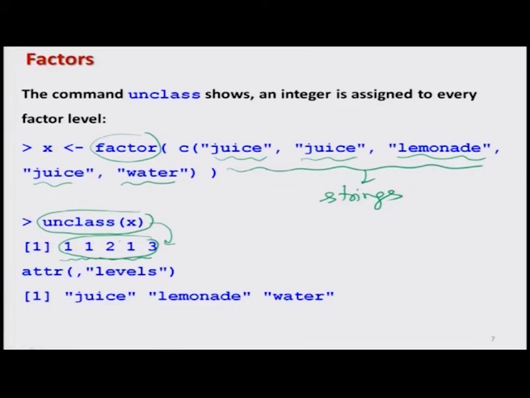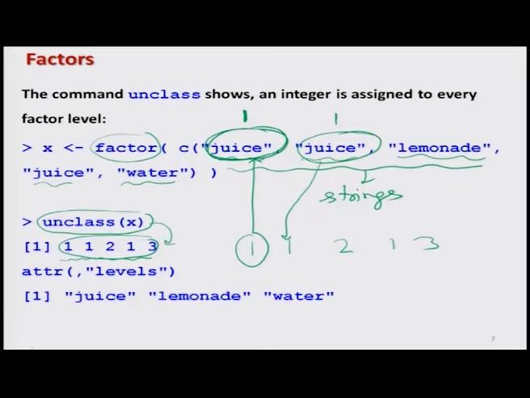what has happened is that juice has been classified as number 1. This is the code given to the word juice, number 1. And so, the first value here is 1. If you try to see here 1, 1, 2, 1, 3, this is my output, and the first one is going over here. Now, the next observation is again juice, so the code is going to be 1. This is the same code here.